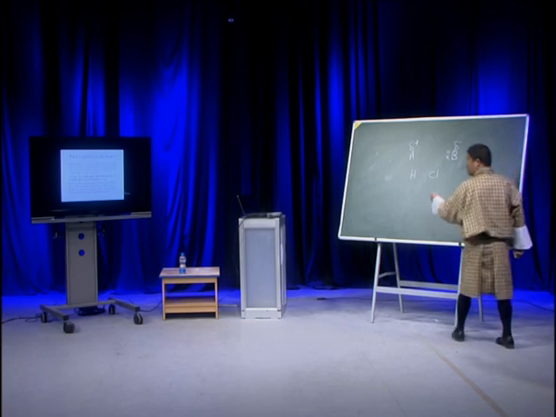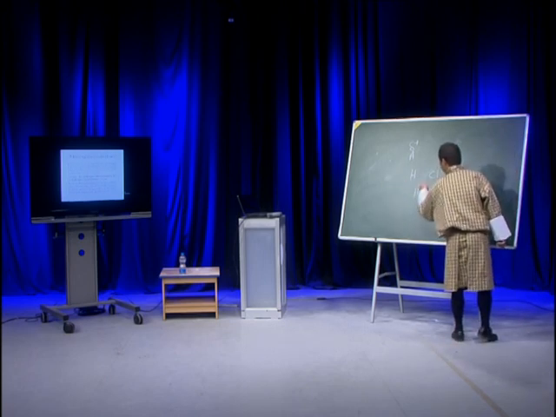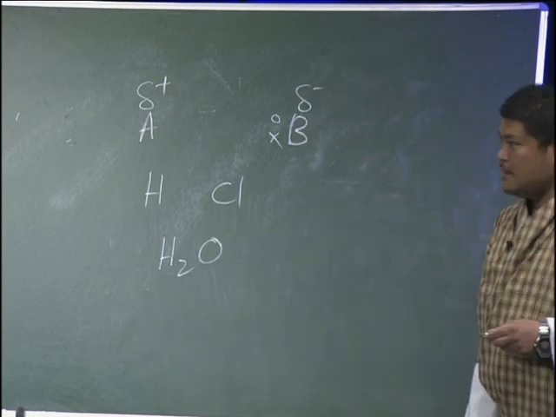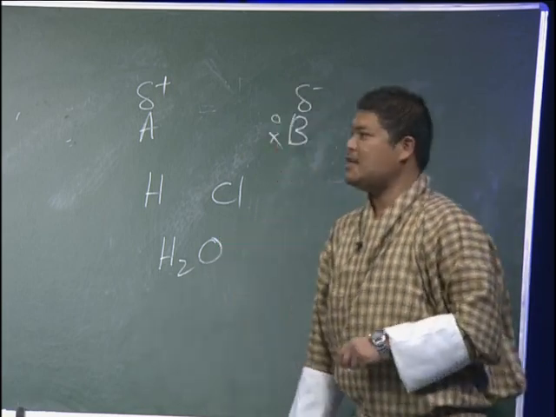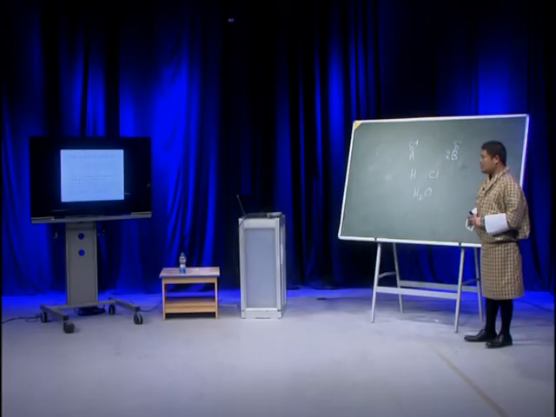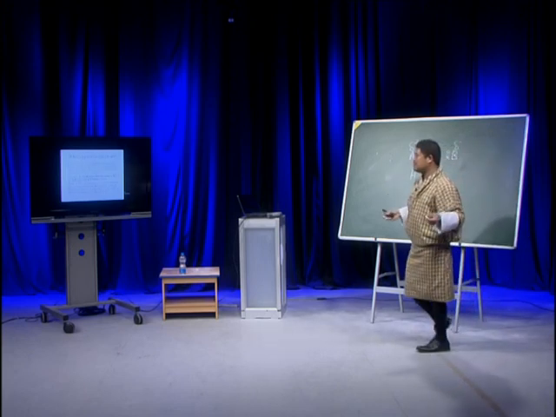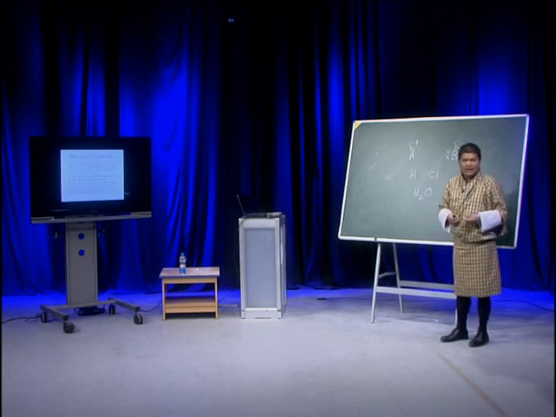Similarly, we have the bond formed in the water molecule, which is also an example of a polar covalent bond. Based on the value of electronegativity, we have different types of bonds, which we have already learned in the lower classes. Let us reflect on some types of chemical bonds which we have already learned in classes 9 and 10.